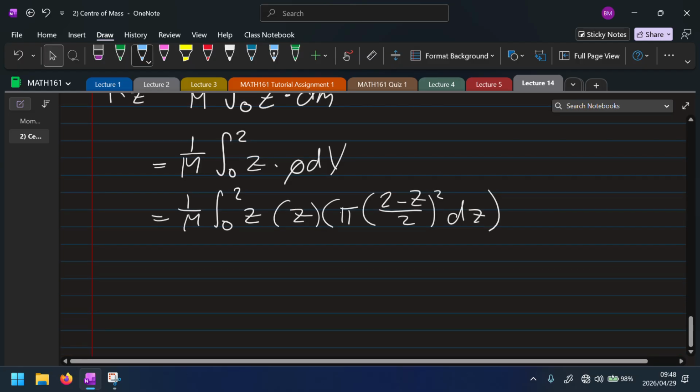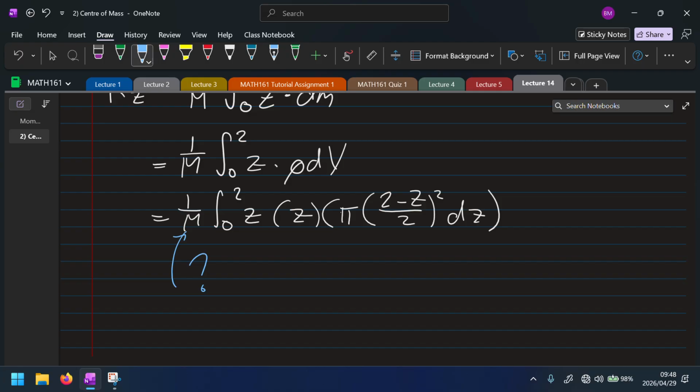What about this M in front? What's that going to be? What's the total mass of the shape? How do we work that out? Check back in your notes for the total mass parts.